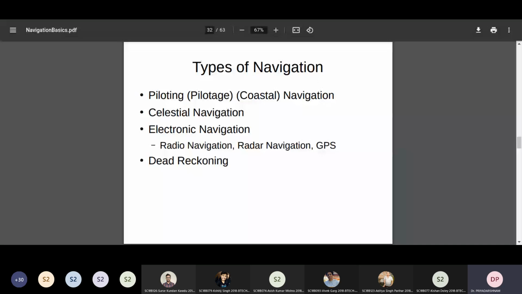So let us look at some of the historical aspects. We were looking at some basics of definitions of navigation, guidance, and control. Navigation is estimating the position where we are. For that, we require coordinate systems, which we will go into in the next class. Guidance is identifying the path if you are given the source and the destination.